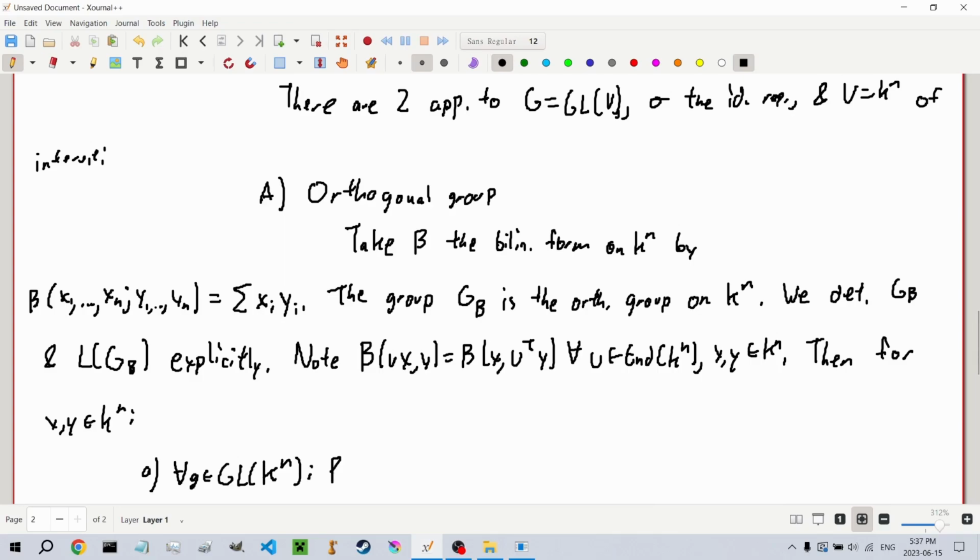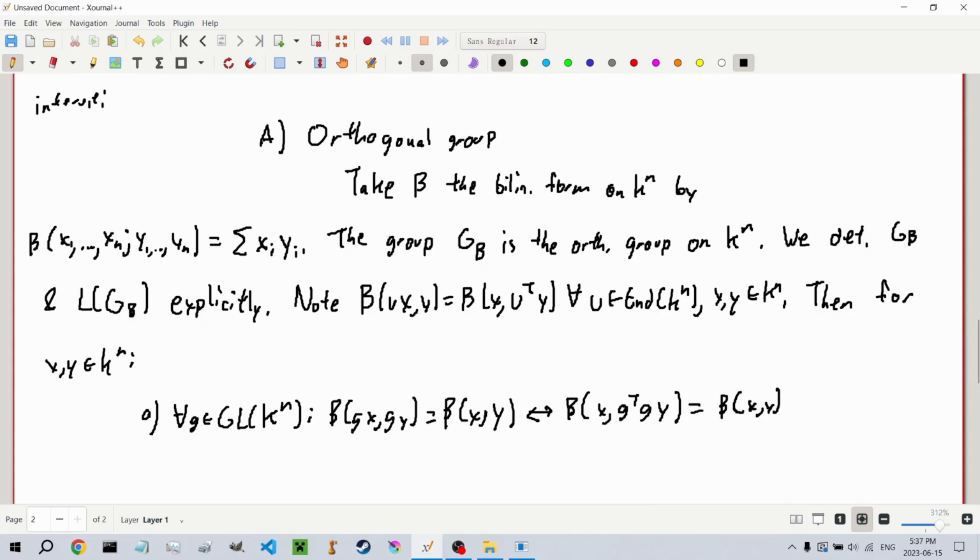We have that beta of gx, gy being just beta of x and y is equivalent to beta of x, g transpose times g times y being beta of x and y.